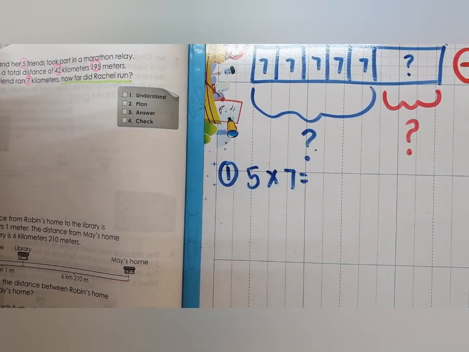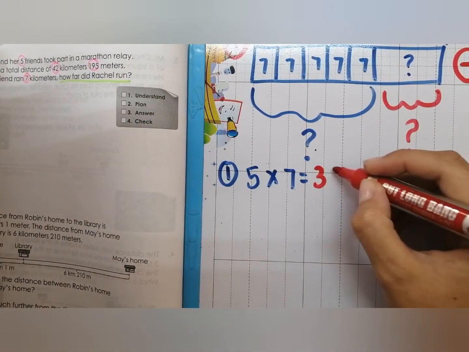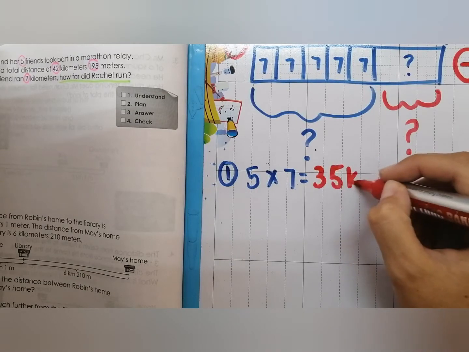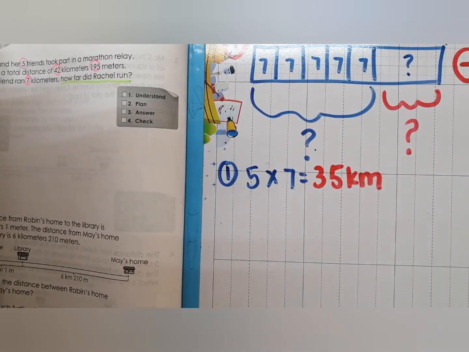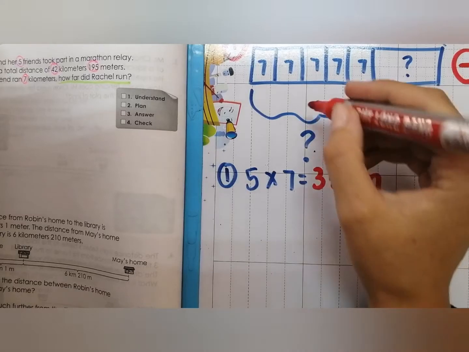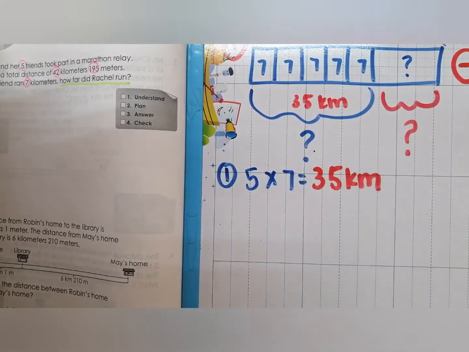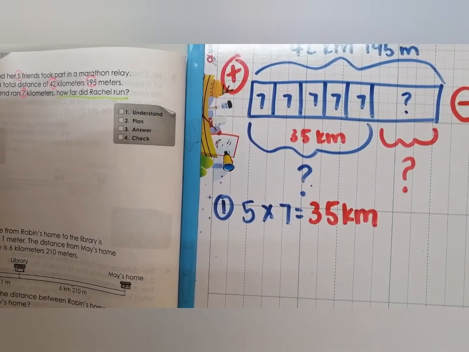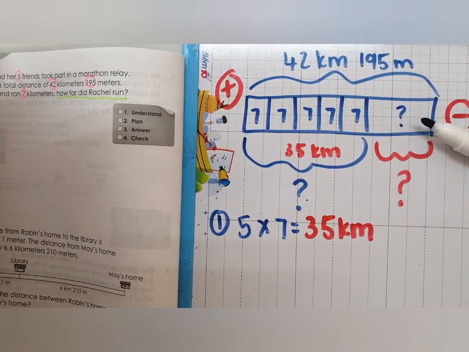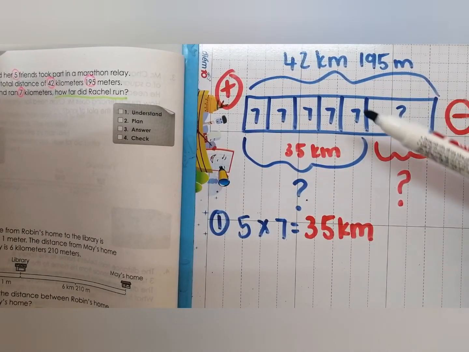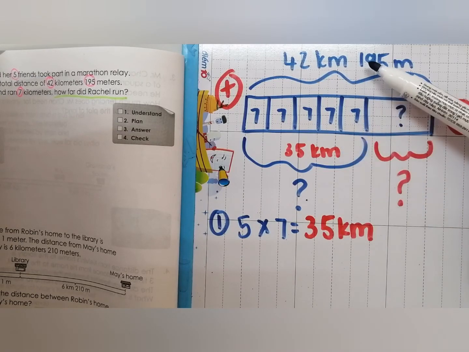We should all know that number. They ran a total of 35 kilometers. All the friends. Let's write it in here. 35 kilometers.